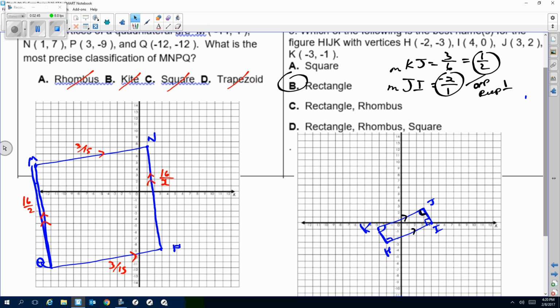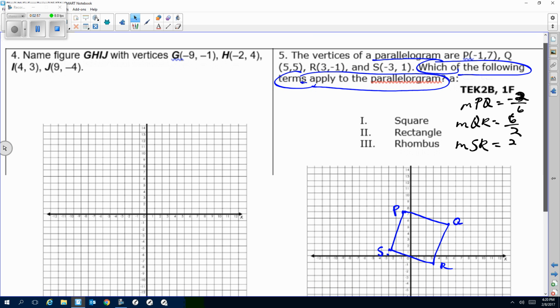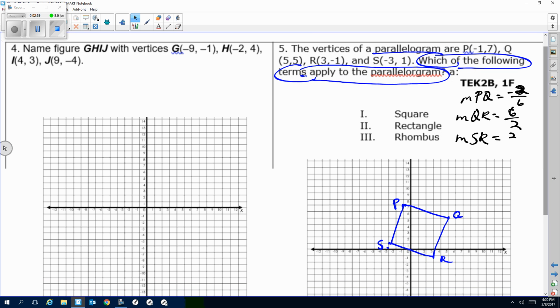Okay. Now, once you try that, use some graph paper. And then I have 5 up here because that's the test like. What I wanted to talk about is that it says which of these terms, that S is important, applies to the parallelogram.